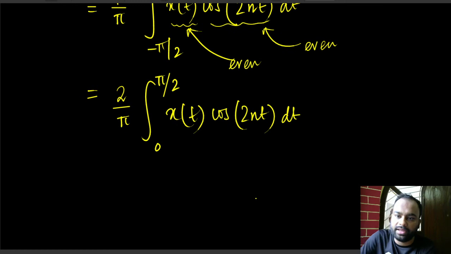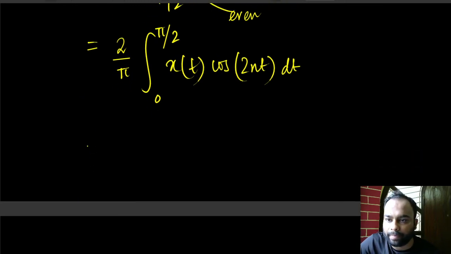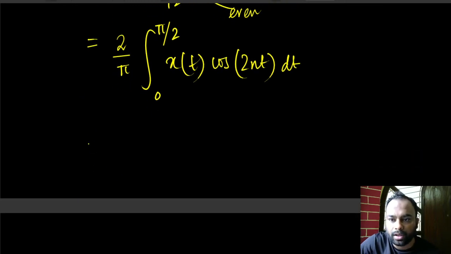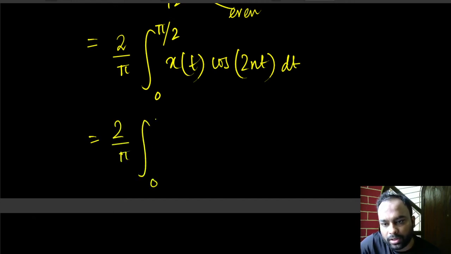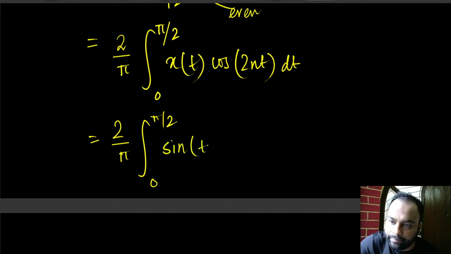If any one of you have any issue with this, please let me know. Ask your questions. So 2 by pi integration from 0 to pi by 2. And what do I have for x(t)? x(t) is simply sin t.